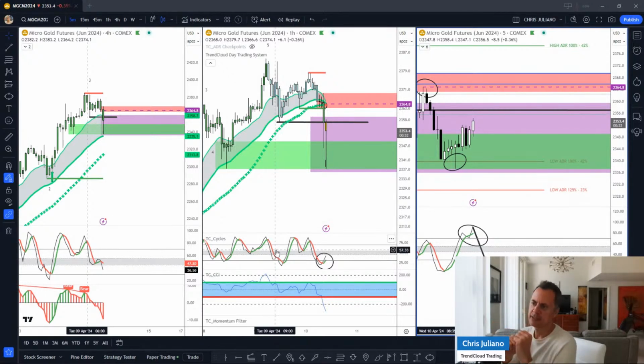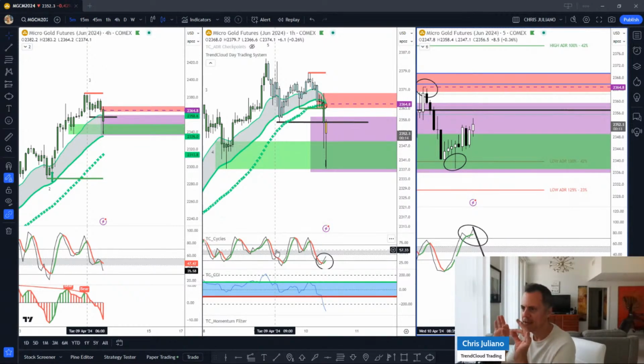The trend indicator, the cycle indicator, the momentum indicator, the CCI indicator, putting it together with the supply and demand zones, the ADR checkpoints, the Globex trap.